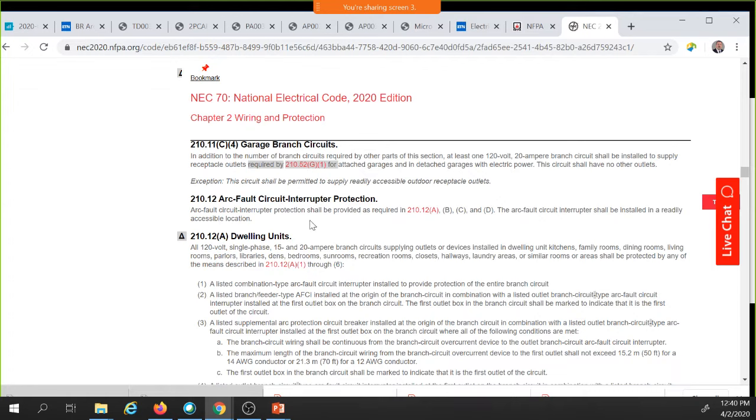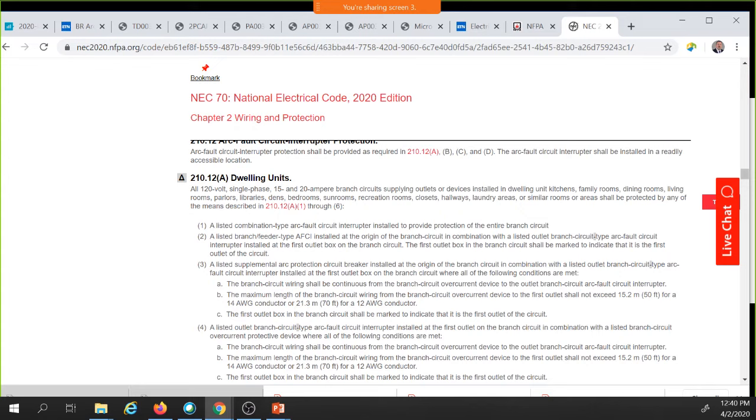Arc fault circuit interrupter protection shall be provided as required by A, B, and C. And what you see is all 120 volt single phase 15 and 20 amp branch circuits supplying outlets or devices installed in dwelling unit kitchens, family rooms, dining rooms, living rooms, parlors, libraries, dens, bedrooms, sunrooms, rec rooms, closets, hallways, laundry areas. GFCIs are required in kitchens, so we do have a requirement where you have both AFCI and GFCI.